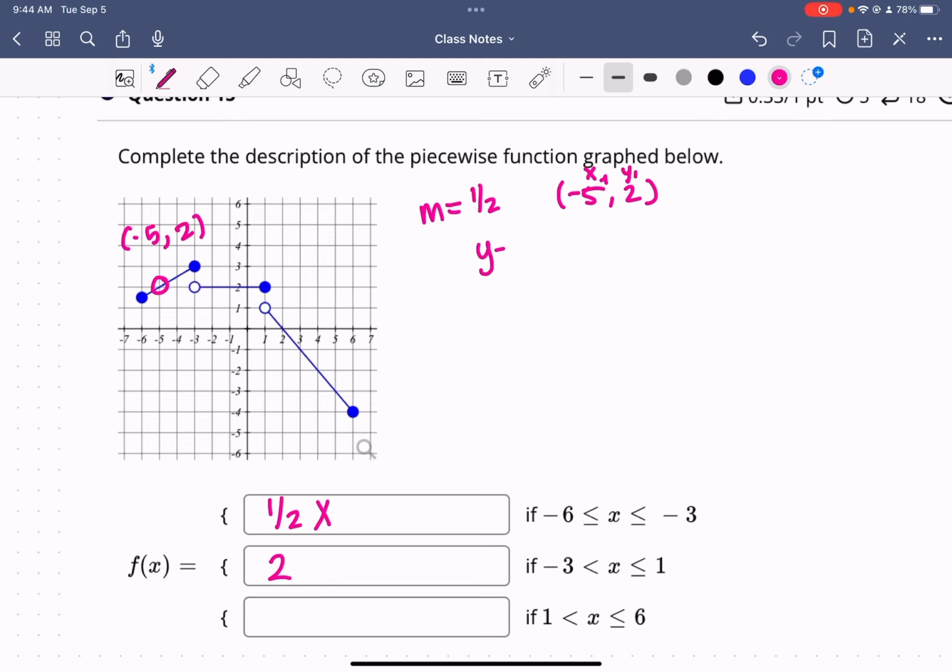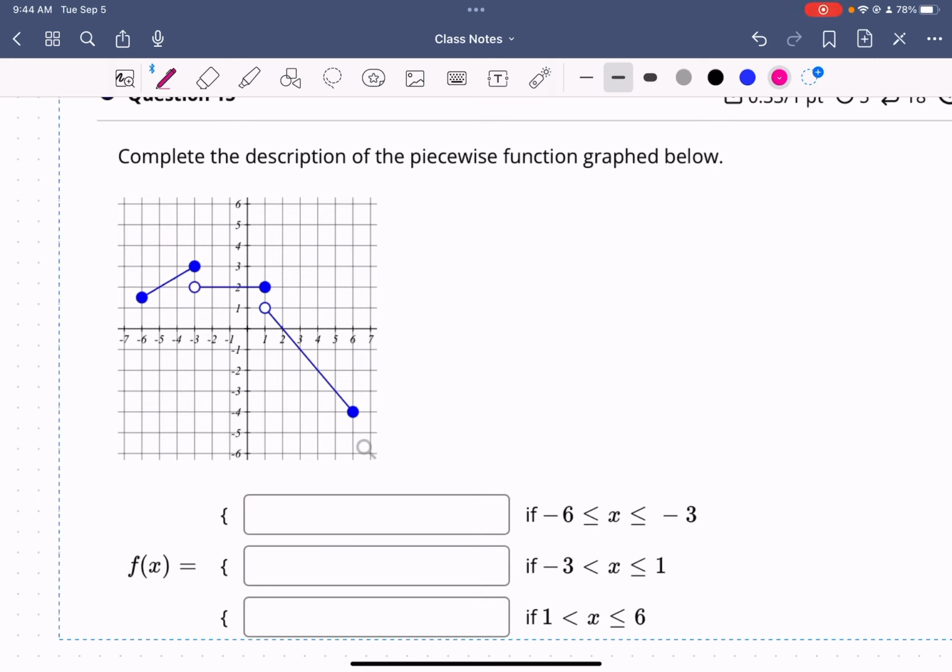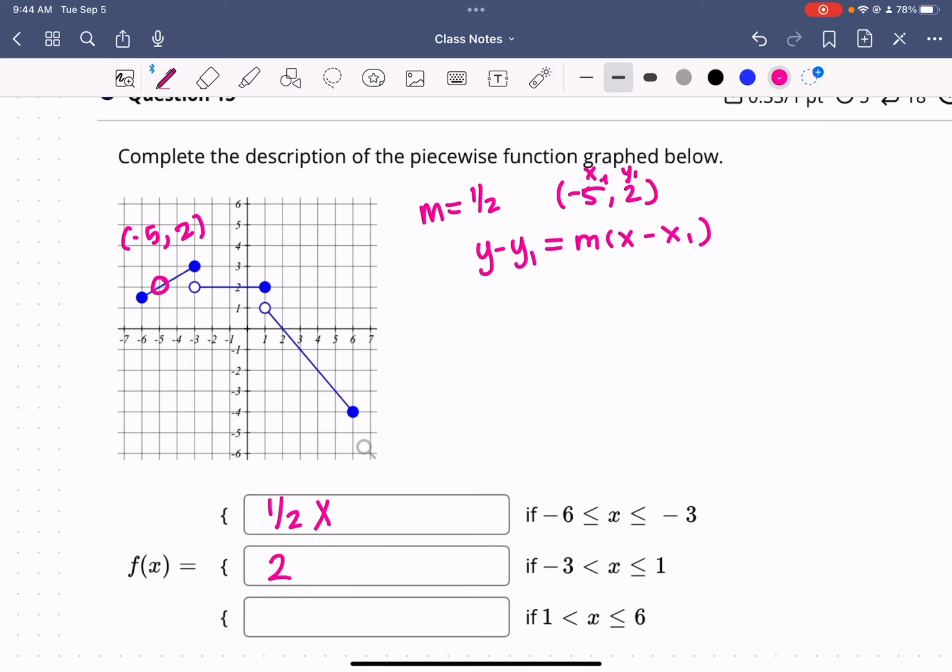So I'm going to say y minus y1 equal to m times x minus x1, and I'm going to plug in all my values. y minus 2 equal to 1/2 times x minus -5. And then I have two steps. I need to distribute this 1/2.